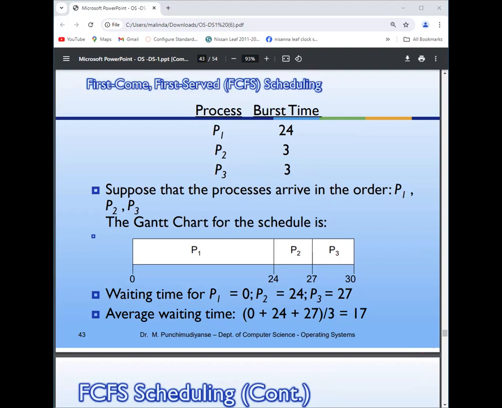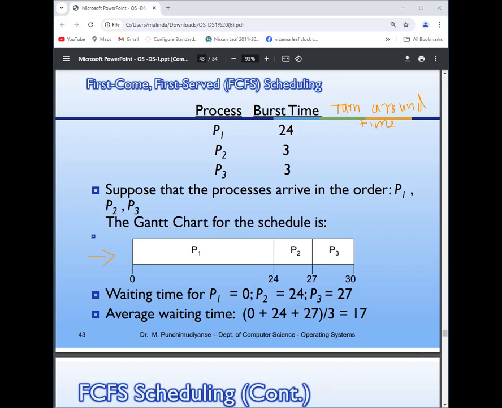So let's do that. So I will draw this annotation. Okay. So now we are going to calculate turnaround time. Right. So based on this Gantt chart, what is the turnaround time for P1?